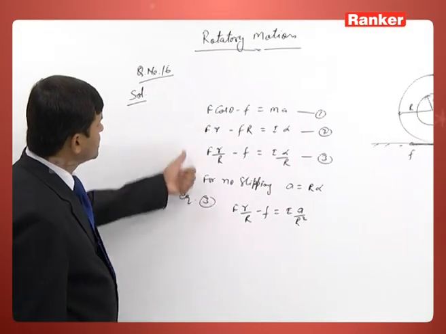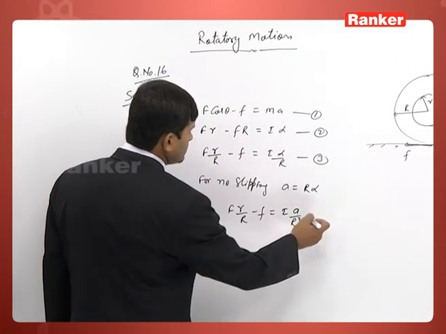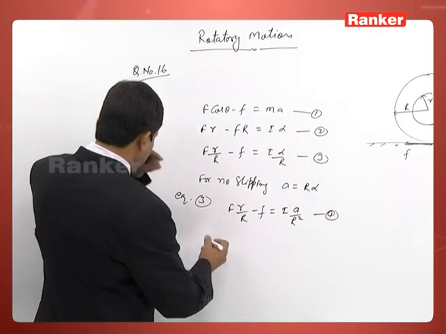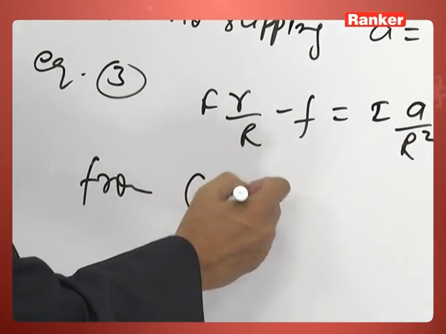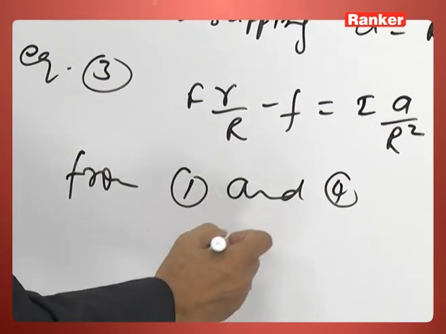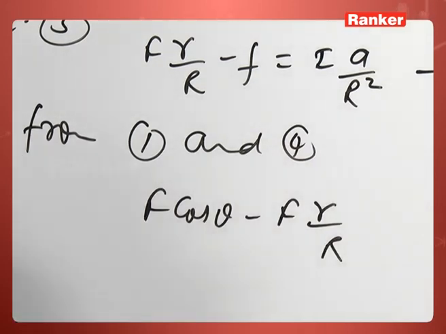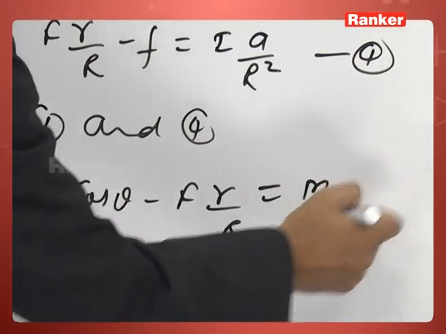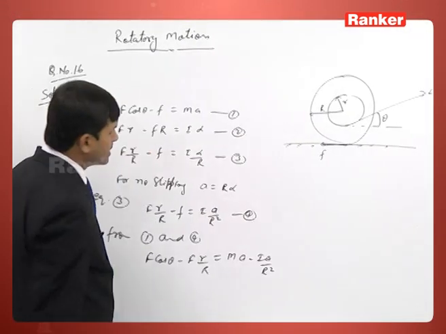Now see the equation from first and fourth. From the first and fourth equation we can write F cos theta minus Fr by R is equal to ma minus I a by R square.